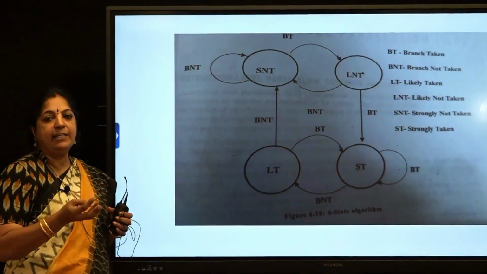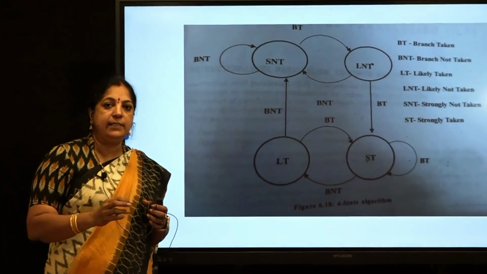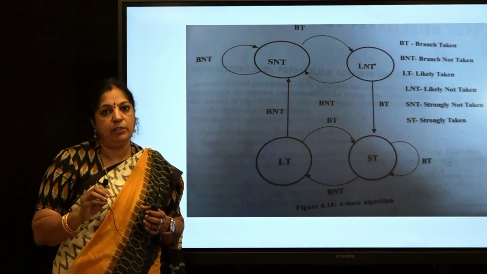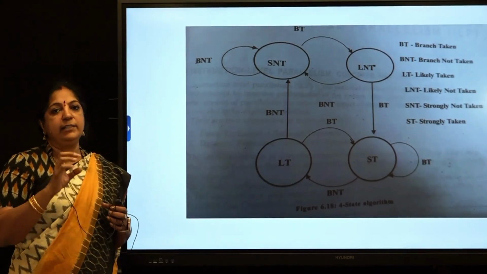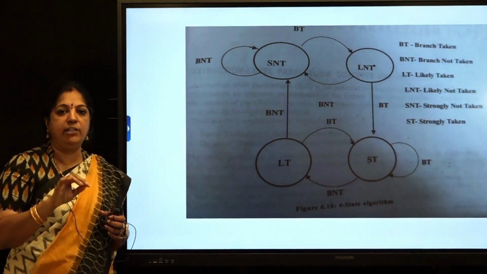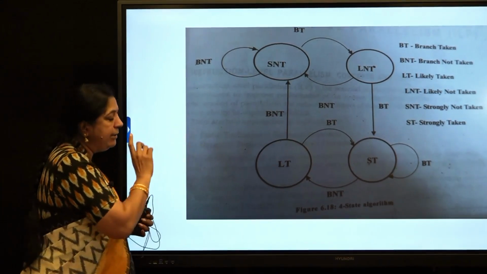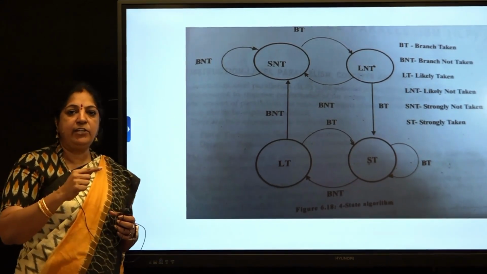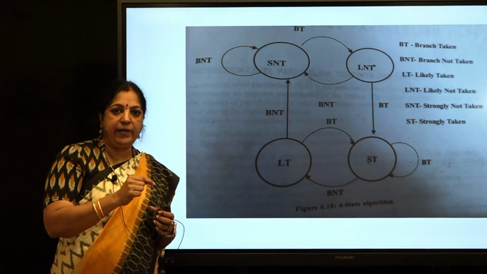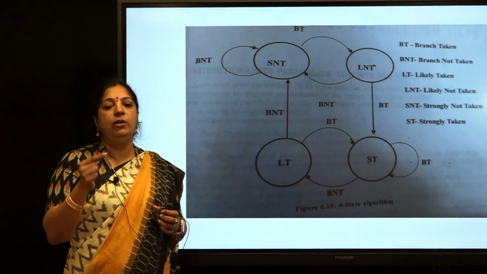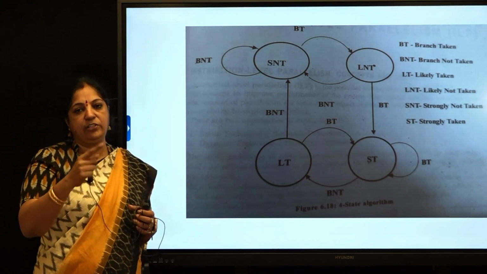In static prediction, in spite of whatever the output may be, you hold the same prediction throughout. In dynamic prediction, each and every time based on our prediction and the actual output, you change what the next prediction should be.